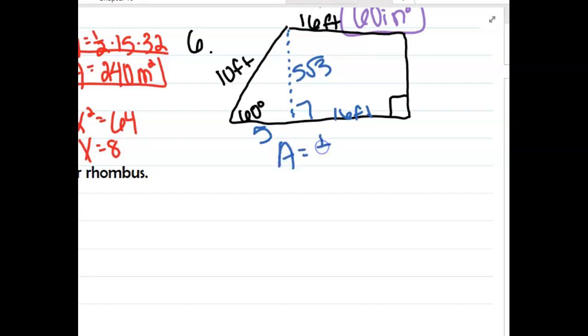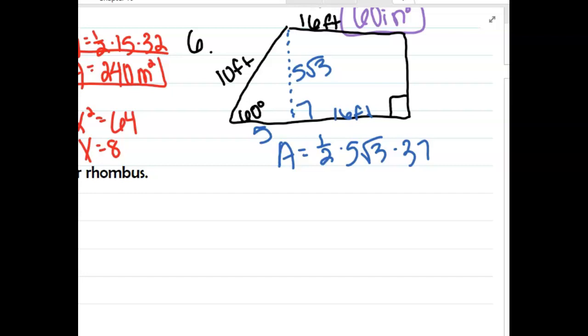So we're going to take half of the height, so half of 5 square roots of 3, times, okay, let's add our bases together. So my top base is 16, my bottom base is 21. 16 plus 5, so 21 plus 16 would give me 37.